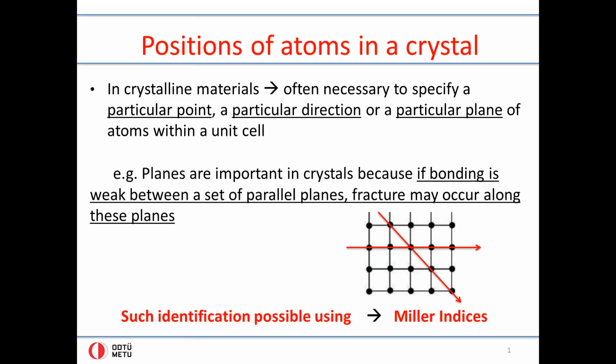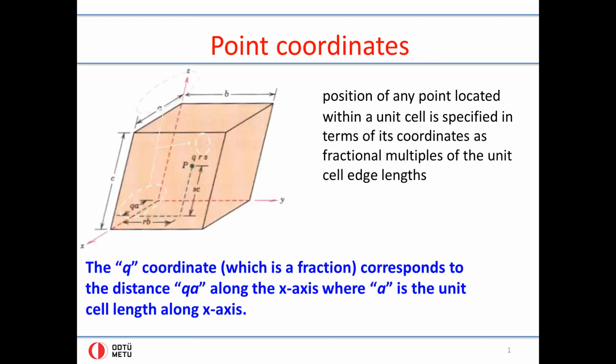Hence, for reasons such as this, it is important to be able to identify directions, points, and planes, and this is done with Miller indices. So to start with the 0-dimensional version, points, the position of any point located within a unit cell is specified in terms of its coordinates as fractional multiples of the unit cell edge lengths.